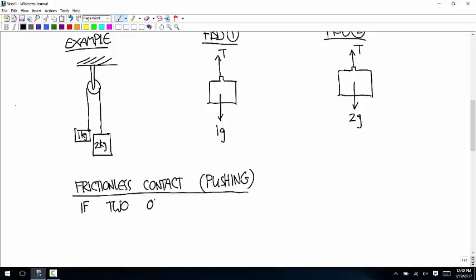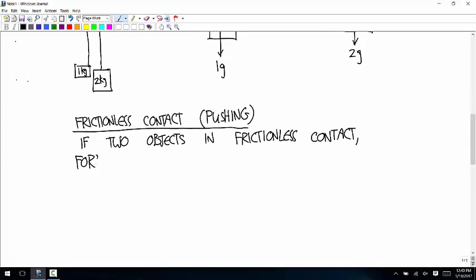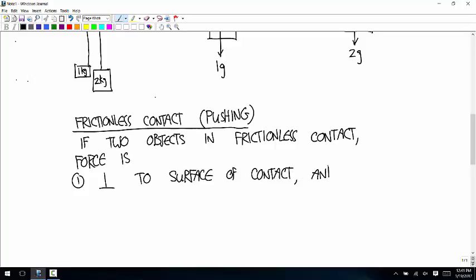And if two objects are pushing on each other in frictionless contact, the force is perpendicular to the surface of contact and second, toward the chosen body.